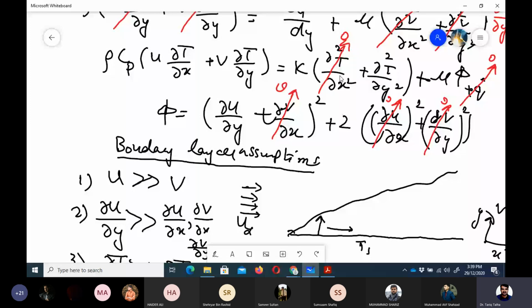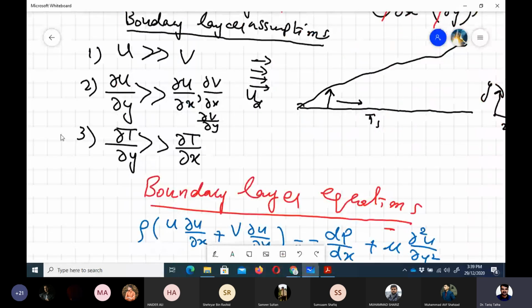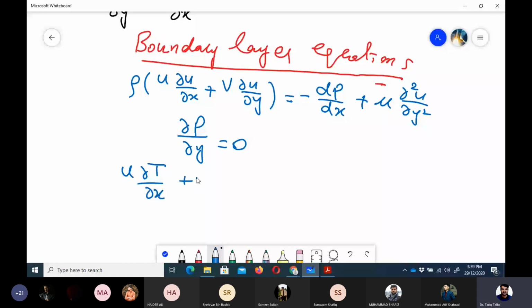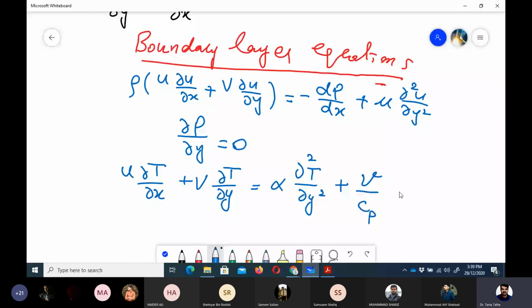If I write that equation after the simplification, I can write u into partial t by partial x plus v into partial t by partial y is equal to alpha, which is k upon rho c, partial square t upon partial y square, plus nu upon cp, because it was mu upon rho, that is equal to nu, and then here I would have partial u upon partial y square.